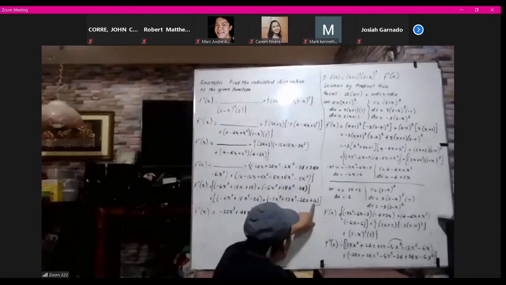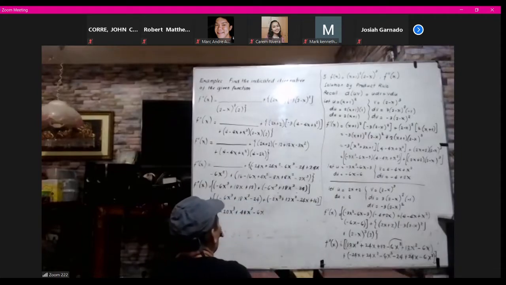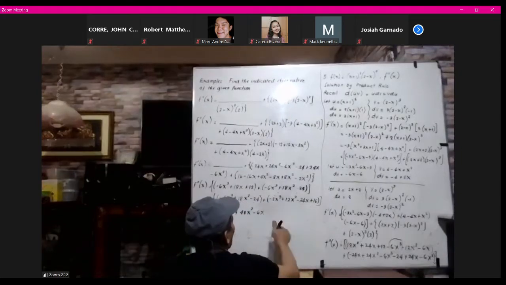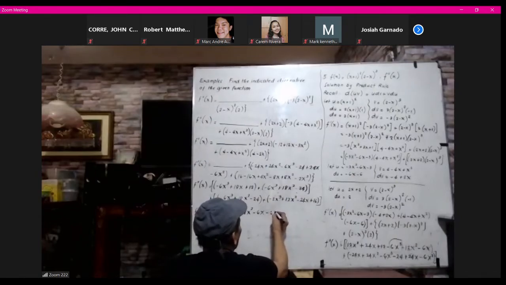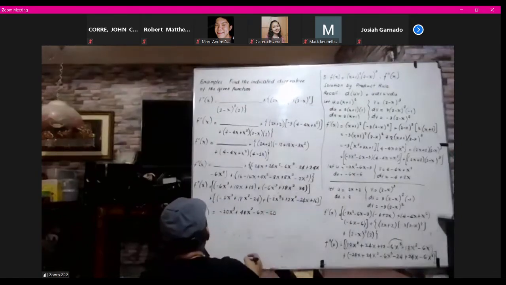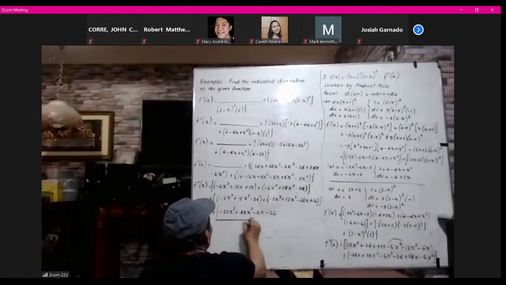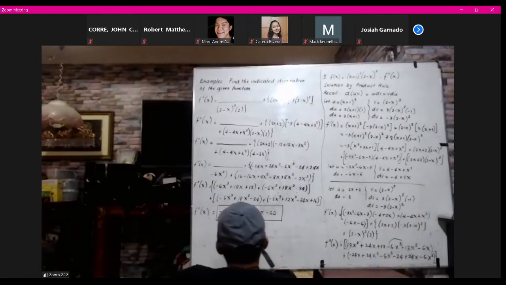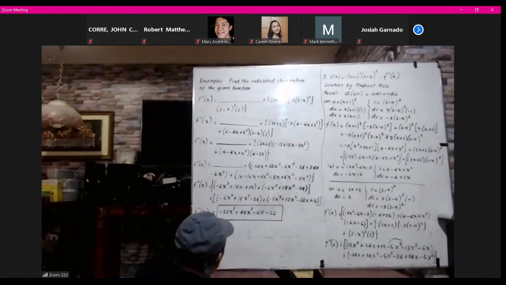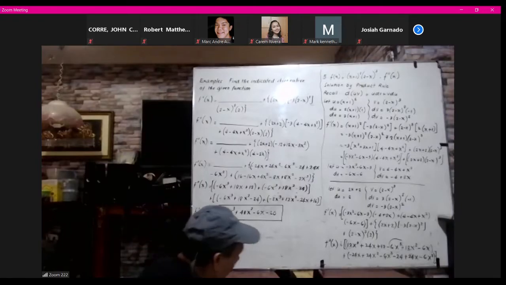Negative 36 plus 20. So, ang sagot natin ay plus 16 equals negative 20. Okay. So, ang sagot natin ay ito. Negative 20x cubed plus 48x squared minus 6x minus 20.